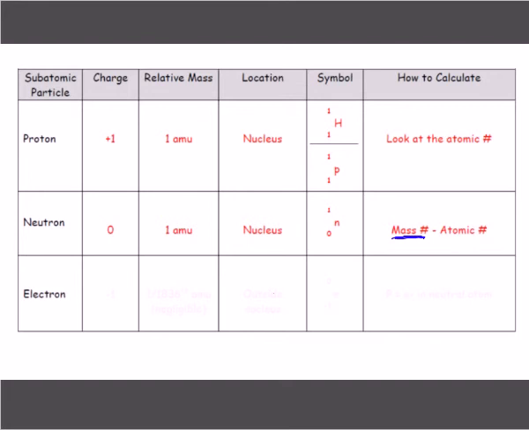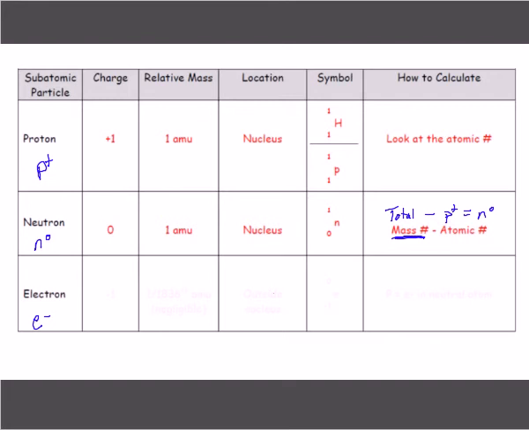So if we want to figure out the number of neutrons, all we really have to do is take the total mass minus the number of protons equals your neutrons. Okay? You'll see me abbreviate these. Proton is P plus, neutron, N0 because it's neutral. Electron, E negative. You'll see me abbreviate them that way.